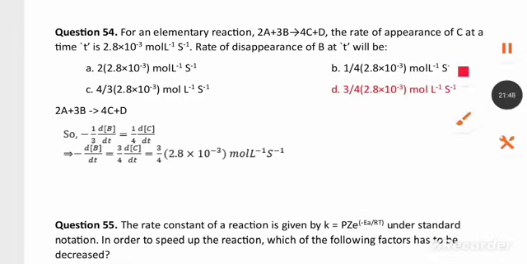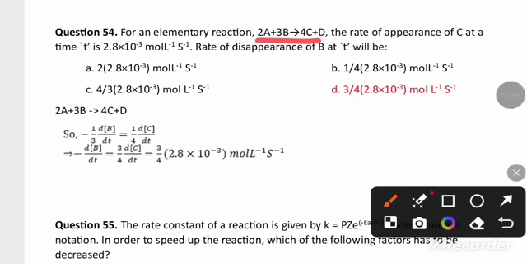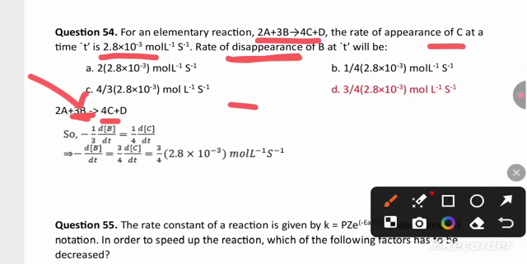In the next question, for the elementary reaction, the rate of appearance of product C at a time t is 2.8 into 10 to the power of minus 3 mole per liter per second. What is the rate of disappearance of B? The rate of appearance has been given, and we need to find the rate of disappearance of B. As B is a reactant, in the balanced equation it is 3B, so we write minus 1 by 3 dB by dt is equal to, and C is a product with coefficient 4, so we write plus 1 by 4 dC by dt.